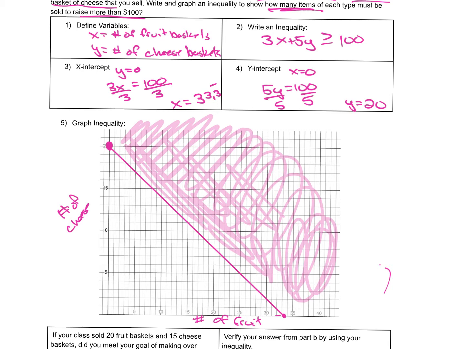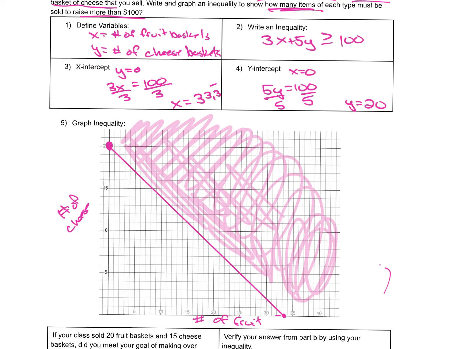that $100. So we can look at this and say, well, if I only sell 5 fruit baskets, I better be looking up to here, and I better be getting at least 17 cheese baskets or more. If I only get 10 fruit baskets, I better be going all the way up here, and that looks like I'm going to need at least 14 or more.